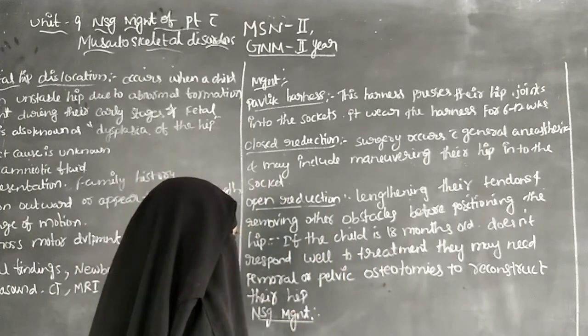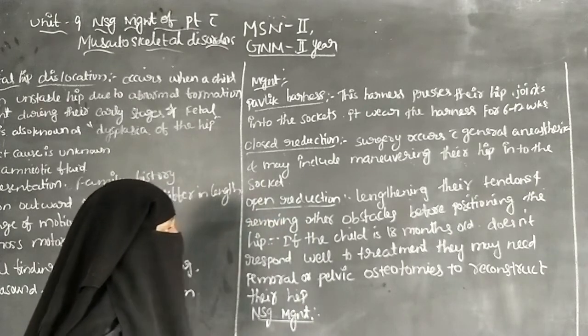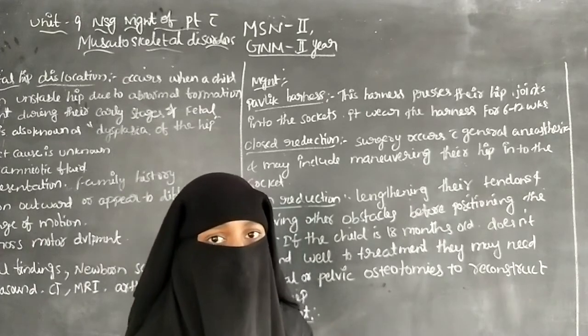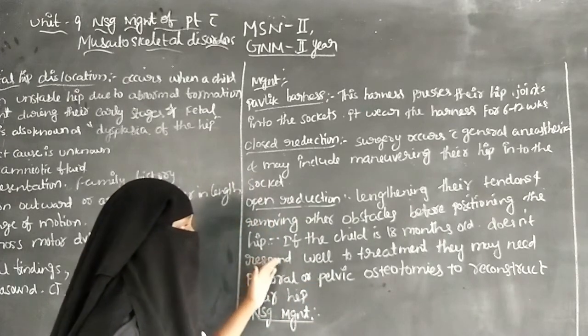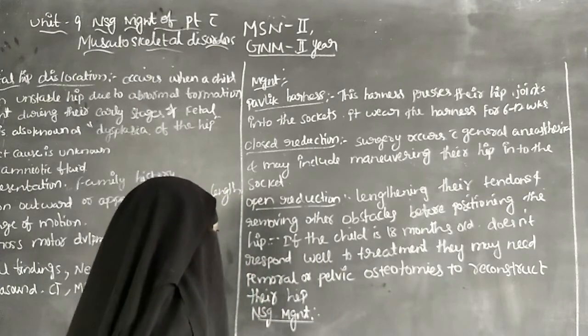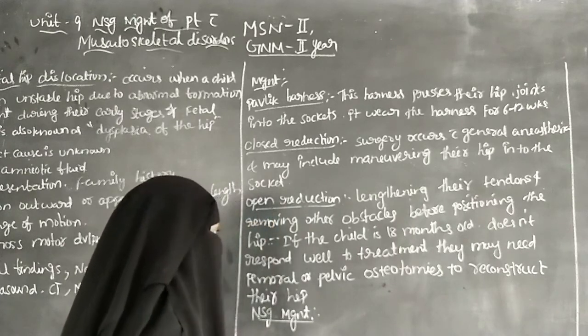If the child becomes 18 months old and does not respond well to treatment, they may need femoral or pelvic osteotomy to reconstruct the hip.